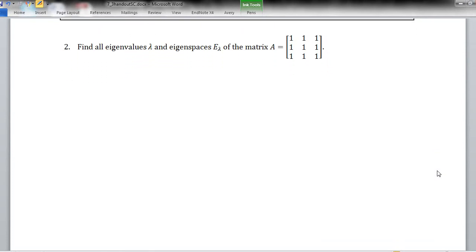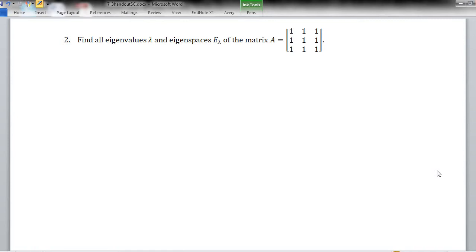Okay, well, now that we have this nice expression for E lambda, let's find it for this matrix here. First we got to find the eigenvalues. So remember from last time that we want to find the determinant of A minus lambda I. Excuse me, I3 in this case, I guess.